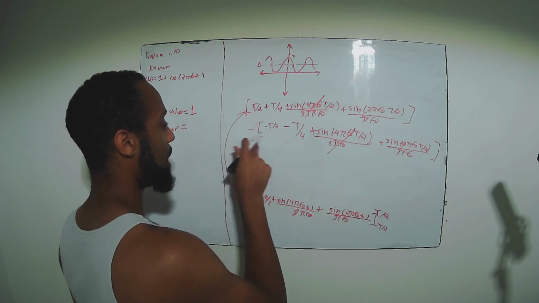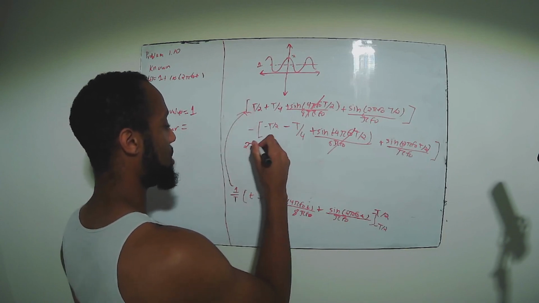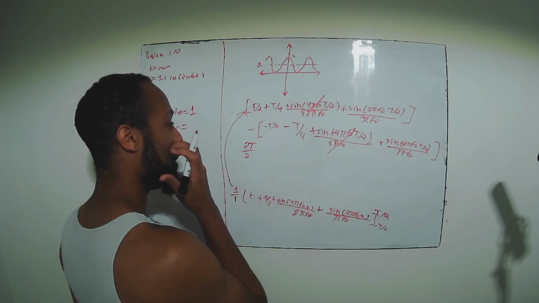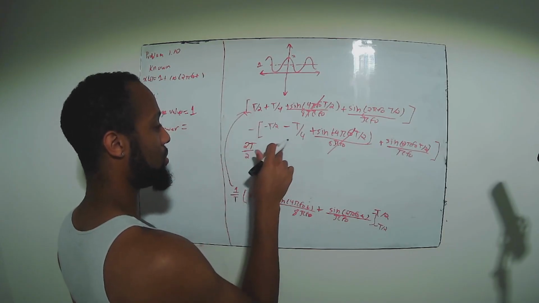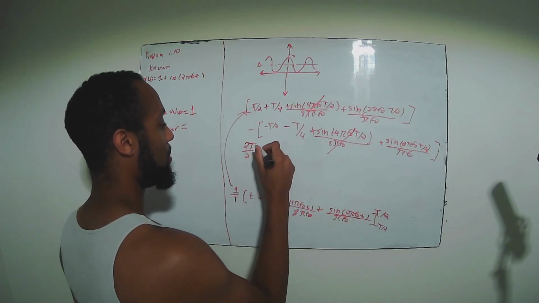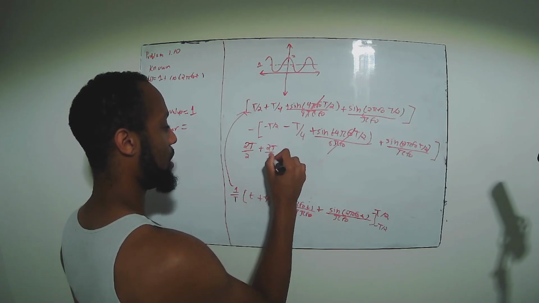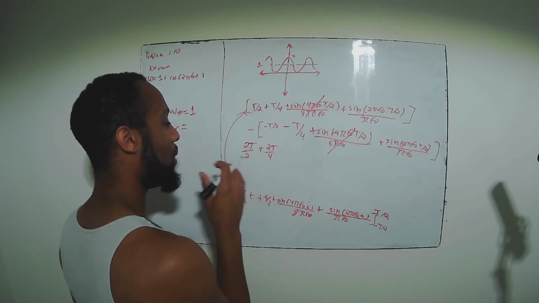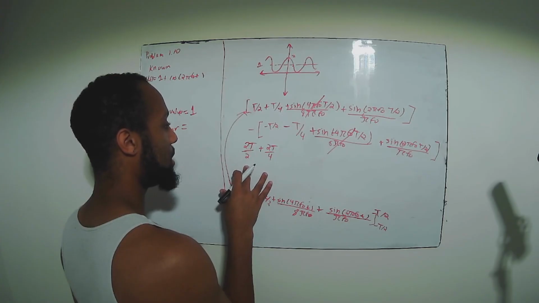So let's do T minus negative T over 2, so that ends up being 2T over 2. And then over here we end up with T over 4 minus negative T over 4, so then we get plus 2T over 4.